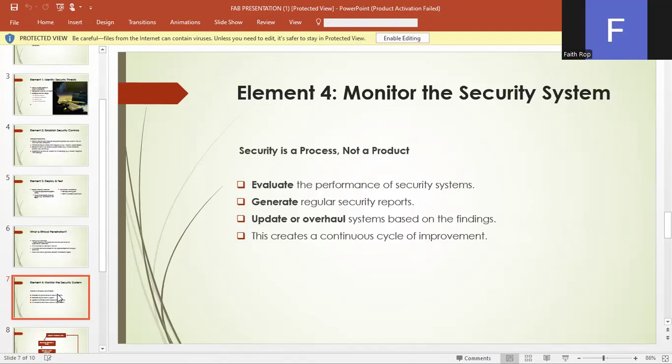Basically, this is like the control, the security monitoring, where we have a person who manages everything.